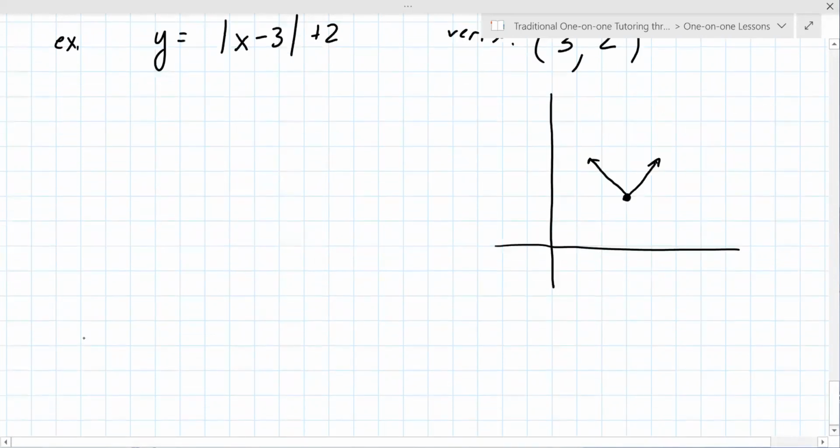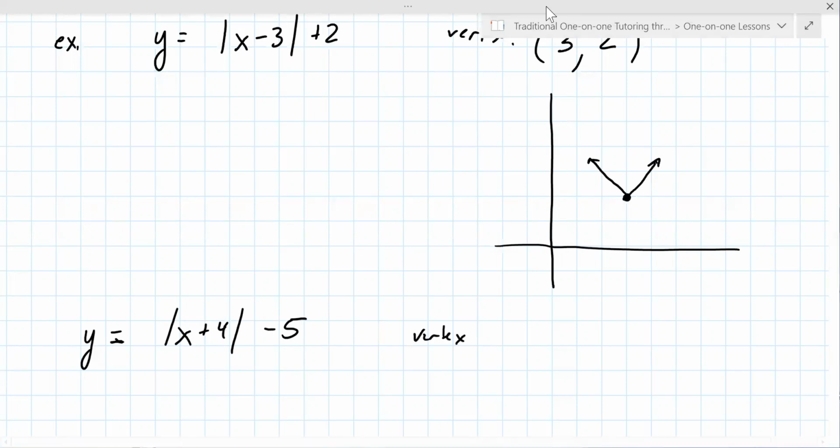Okay, so let's try another one. Let's say it's y equals absolute value of x plus 4 minus 5. What is the vertex? H is not 4, because when it's subtracted, it's just the number. Here it's plus. So -4? Yes.